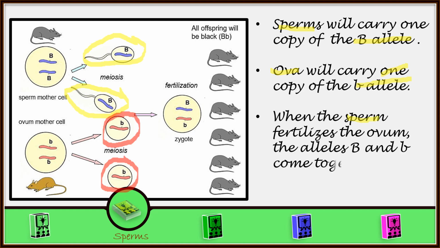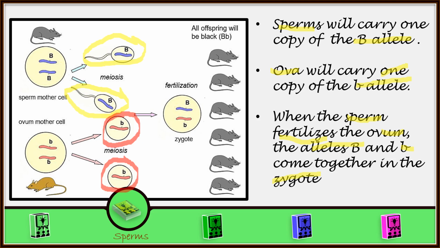When the sperm fertilizes the ovum, the allele capital B, which is coming with the sperm, and allele small b that comes from the ovum, they come together in the zygote.